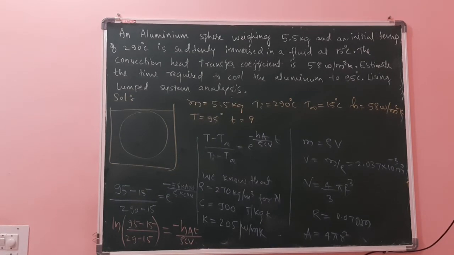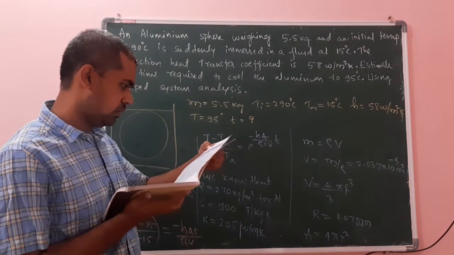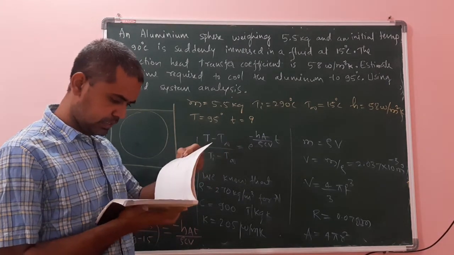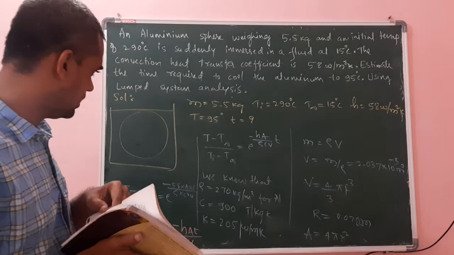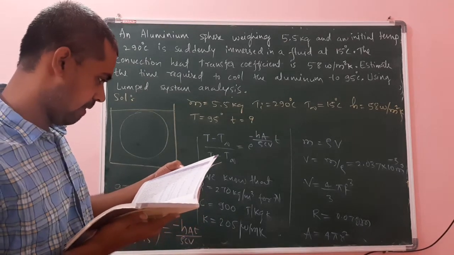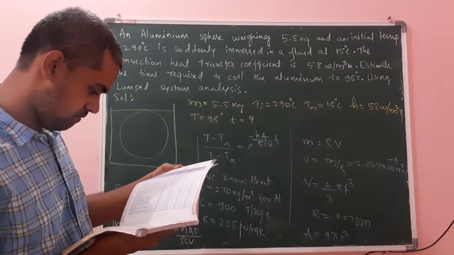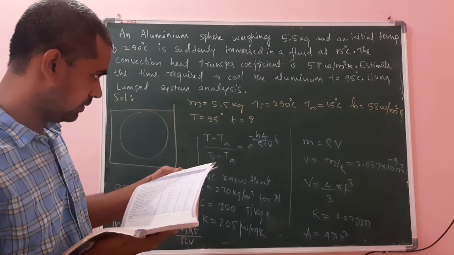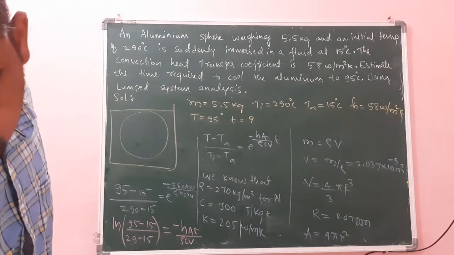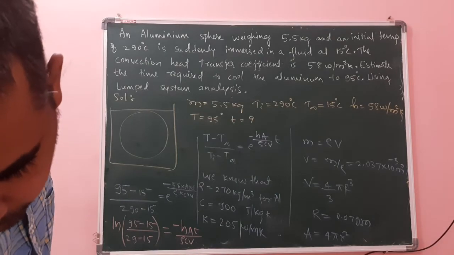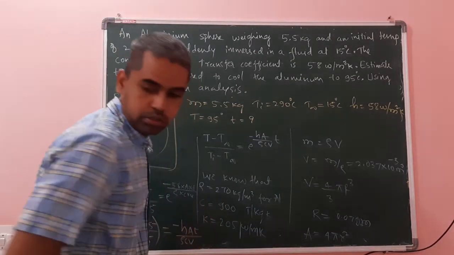One second. Density of aluminium from the data book. It is 2700, not 270.